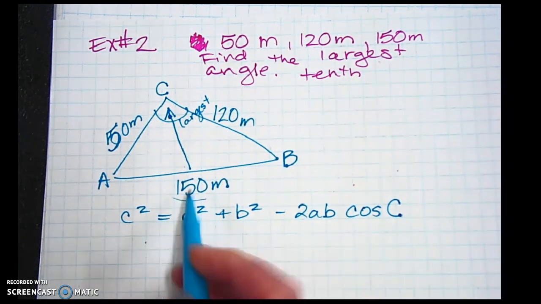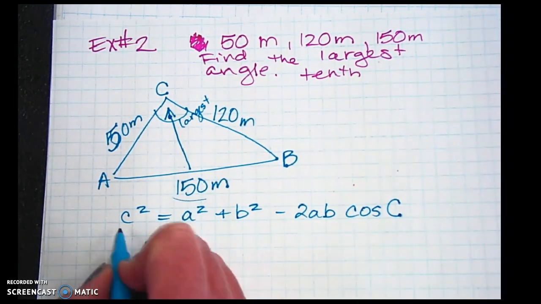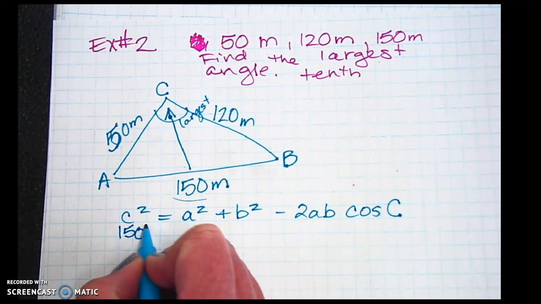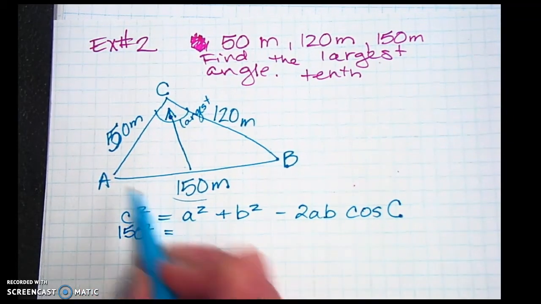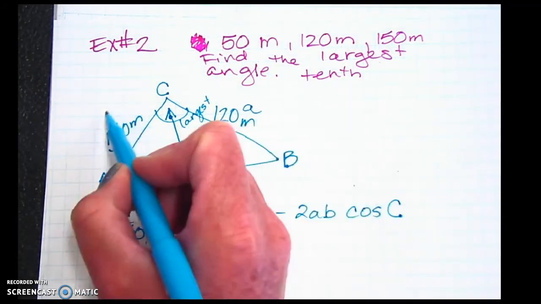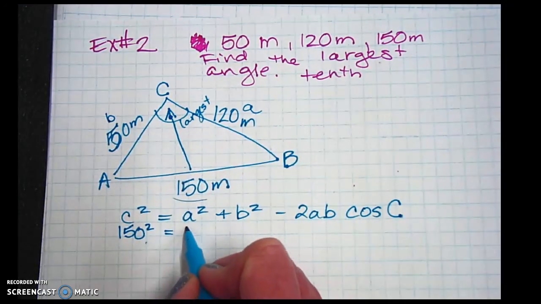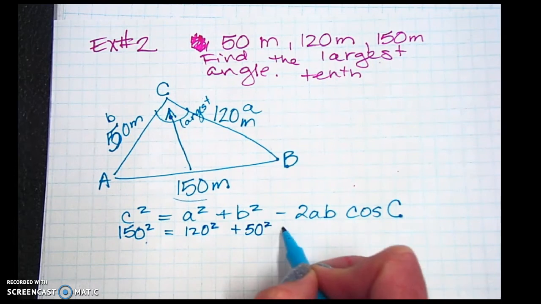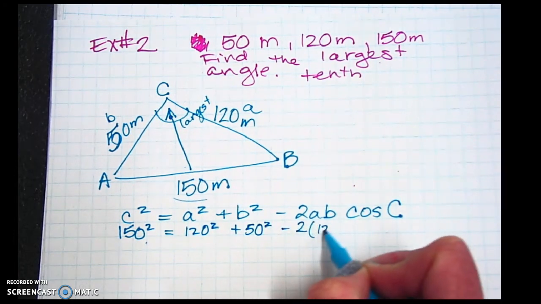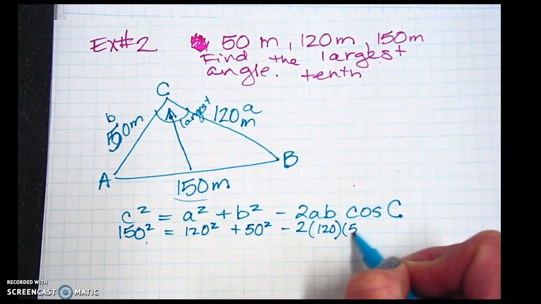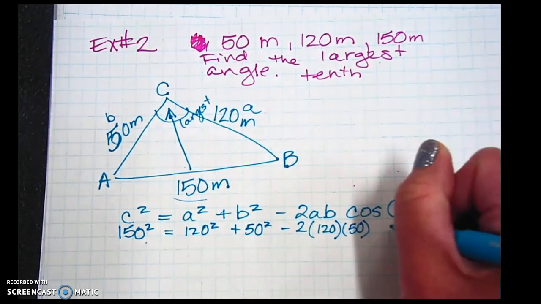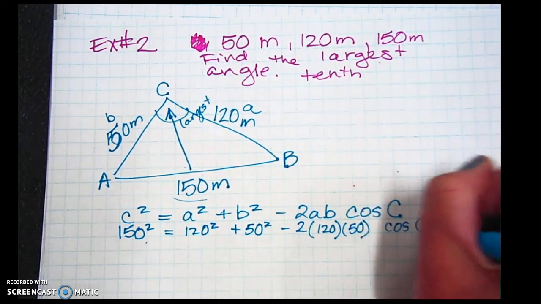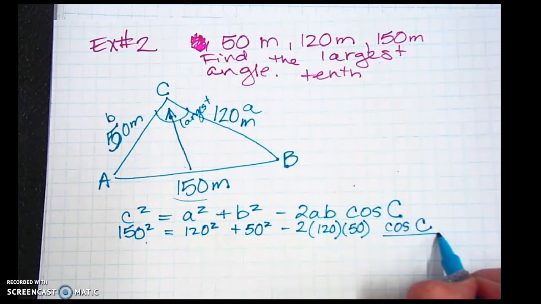So c squared is 150 squared equals, this is our a, this is our b, so 120 squared plus 50 squared minus 2 times 120 times 50. And then the cosine of c is what we want to find.